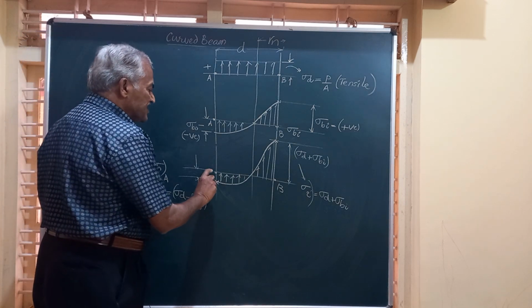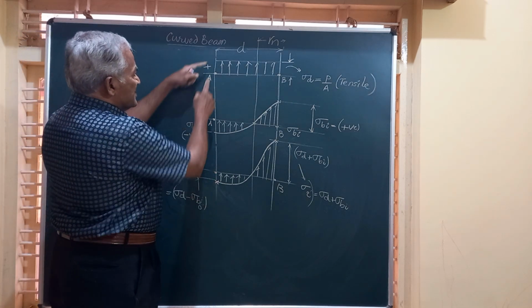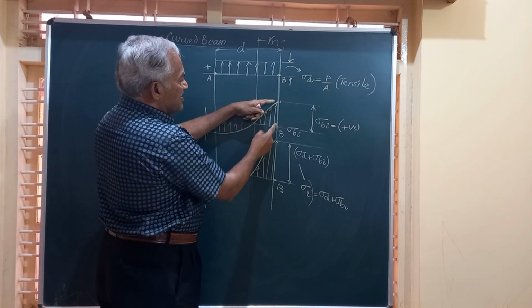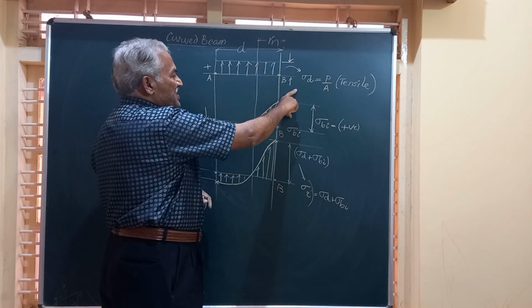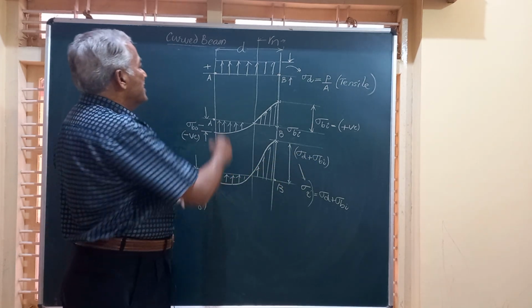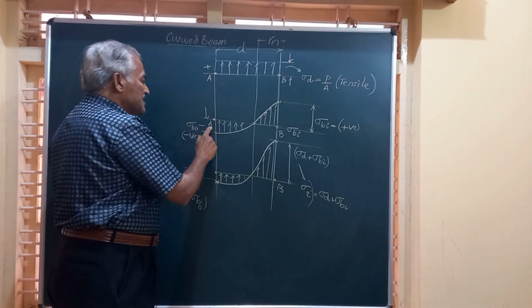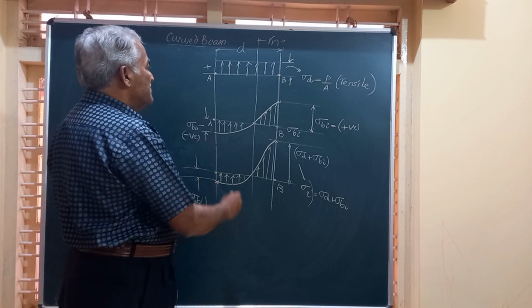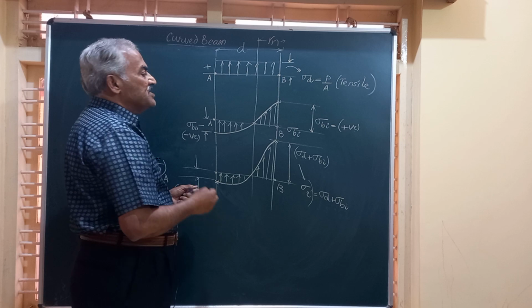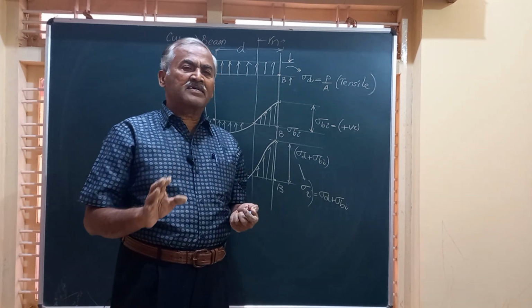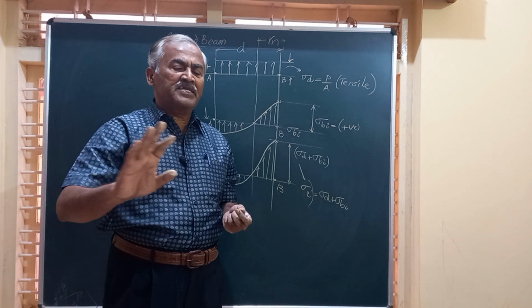Friends, this height is the difference between these two. This height is the sum of these two because both are positive. I have just summed up those two. Here one is positive, other is negative. The result is negative. So friends, this is how the stress varies at the critical cross section of any curved beam.